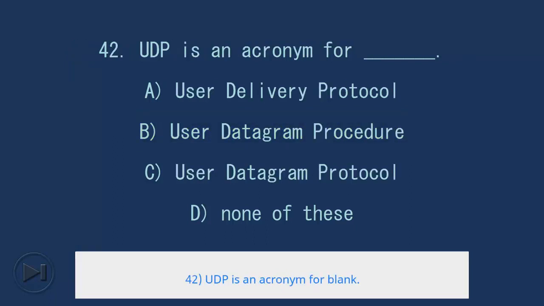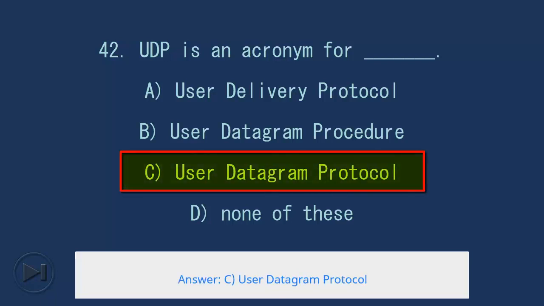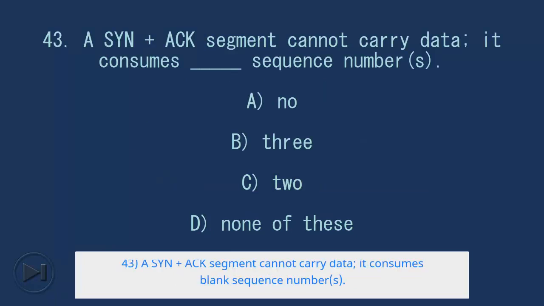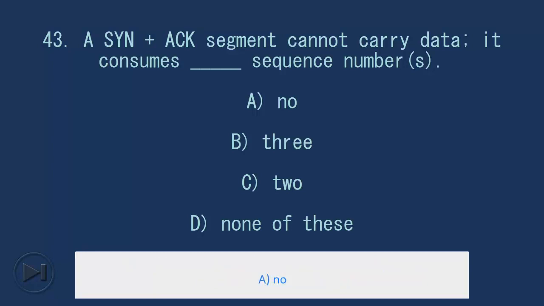42. UDP is an acronym for blank. A. User Delivery Protocol. B. User Datagram Procedure. C. User Datagram Protocol. D. None of these. Answer, C. User Datagram Protocol. 43. A SYN and ACK segment cannot carry data, it consumes blank sequence number, S. A. No. B. 3.